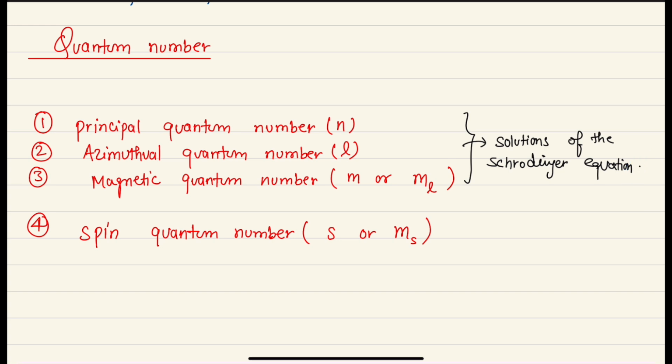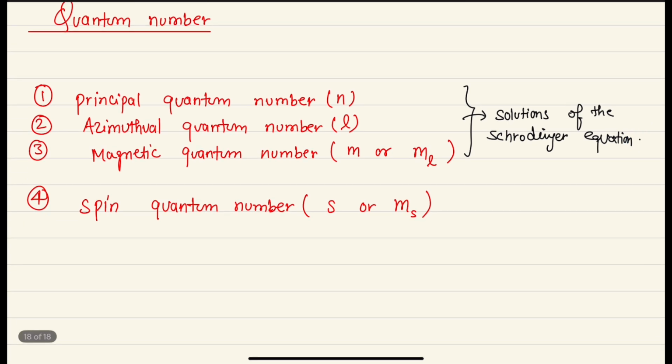Right. But this spin quantum number did not come from the Schrodinger equation. Note it down here. This spin quantum number did not come from the Schrodinger equation. Very important.